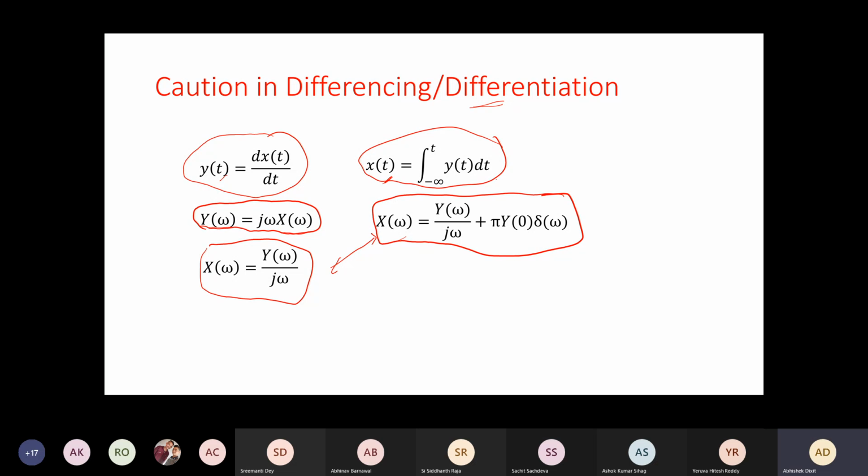DC value of the signal is killed. And thus, you cannot go from here to here, because Y(0) in this case will be 0. So if you make this 0, then these two relationships are exactly the same.